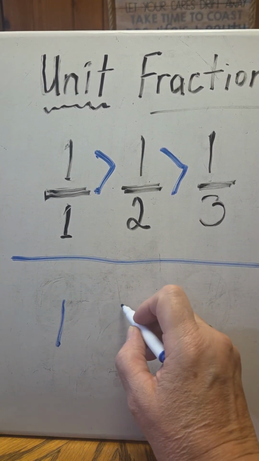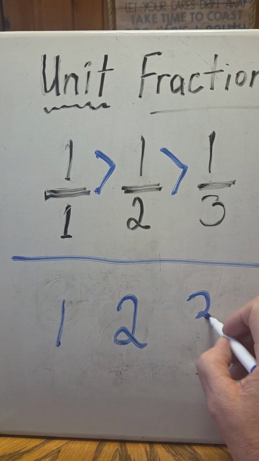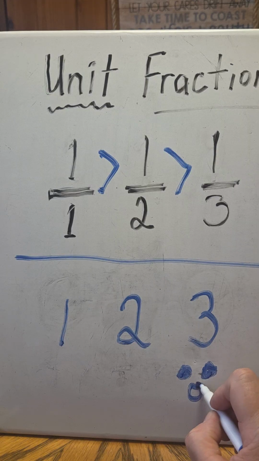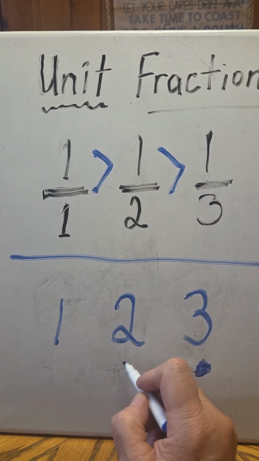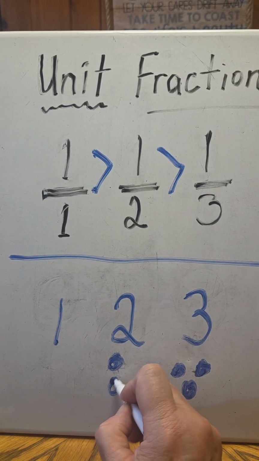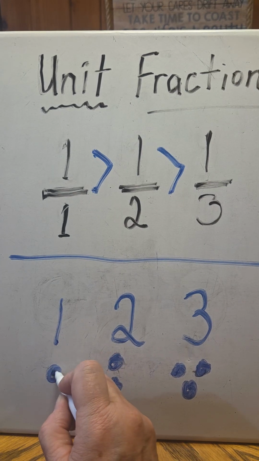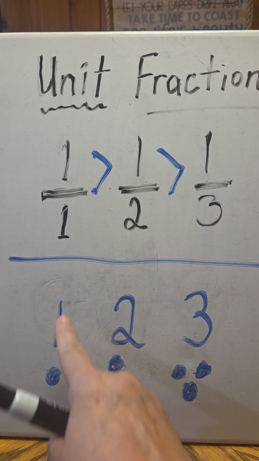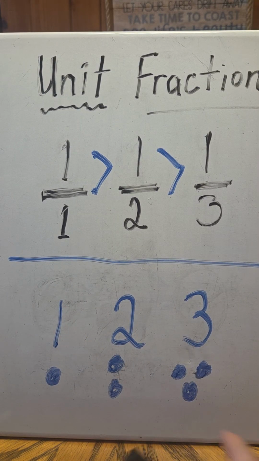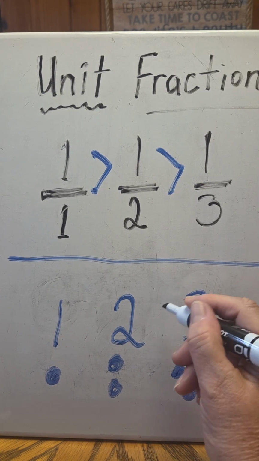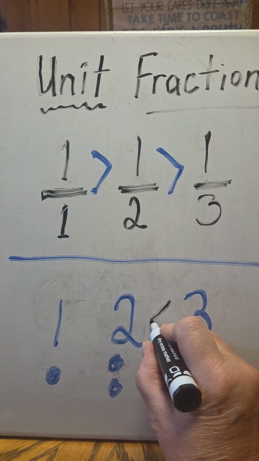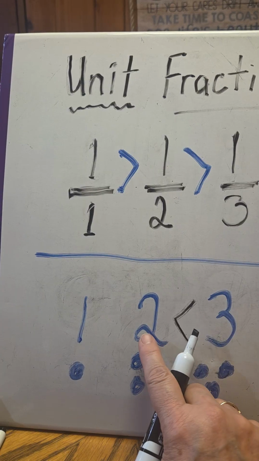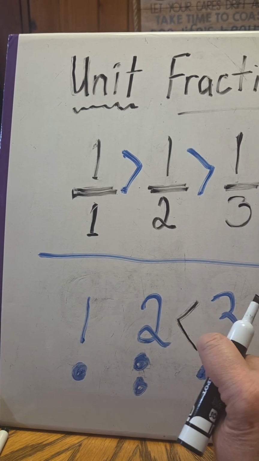If I was comparing a 1 and a 2 and a 3, like if these are blue sour jelly beans, there's 3 over there, there's 2, and there's 1. Well, which group is bigger? Which one has more? This group, or this group? So now we would be using this. We would say 3 is greater than 2, or 2 is less than 3.